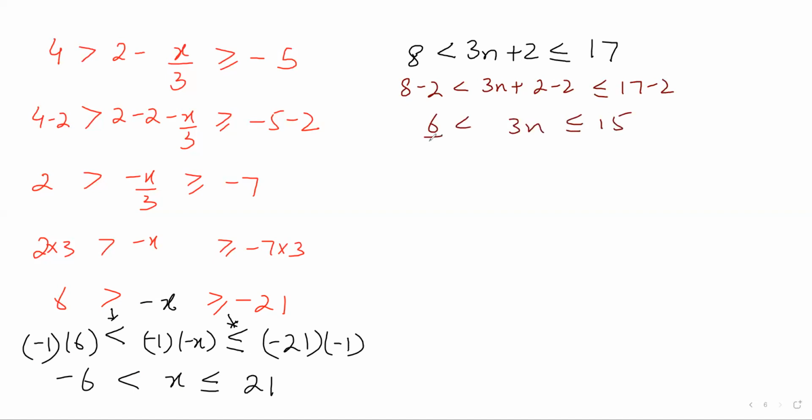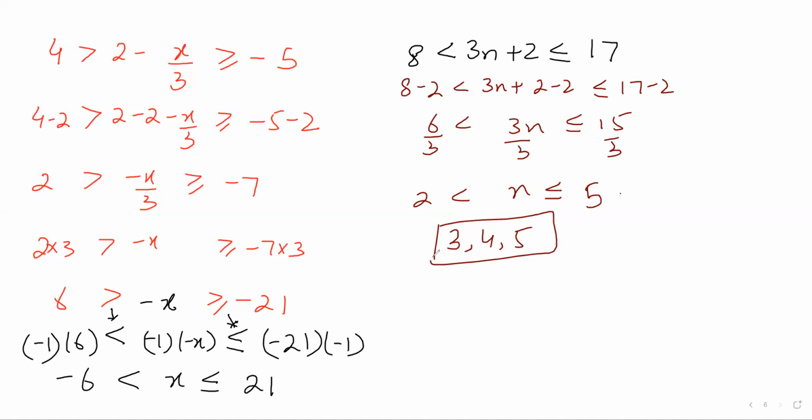Now you need to divide by 3. Teacher, it will be 2 is less than n is less than or equal to 5. So all the values of n would be 3, 4, 5. In this way, we can calculate the values for any given number.